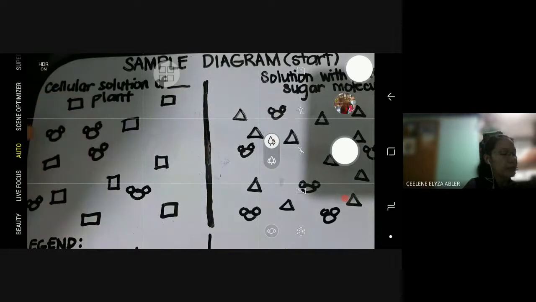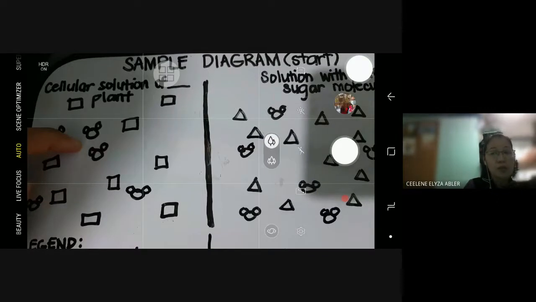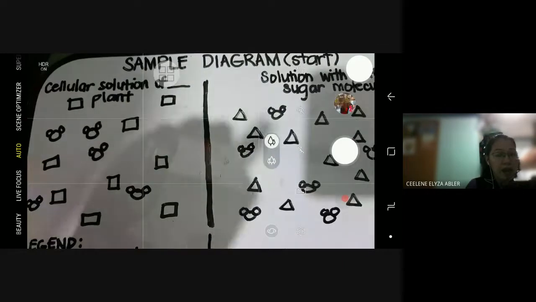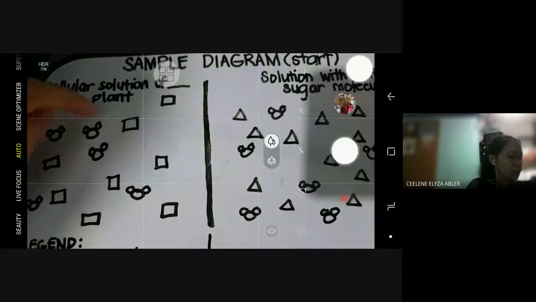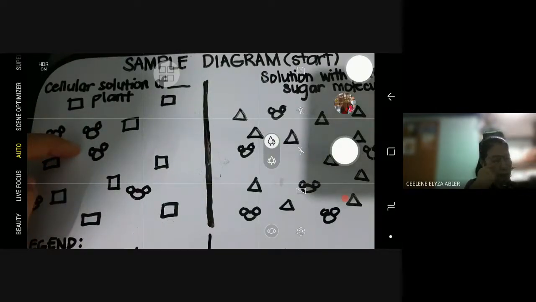So, meron ka ding water. This is yung Mickey Mouse natin. It's actually referring to water. Dinodraw ko siya na Mickey Mouse because you have one oxygen and two hydrogen molecules. So, meron kang dalawa diyan. Kaya siya parang Mickey Mouse because of the hydrogen molecules.